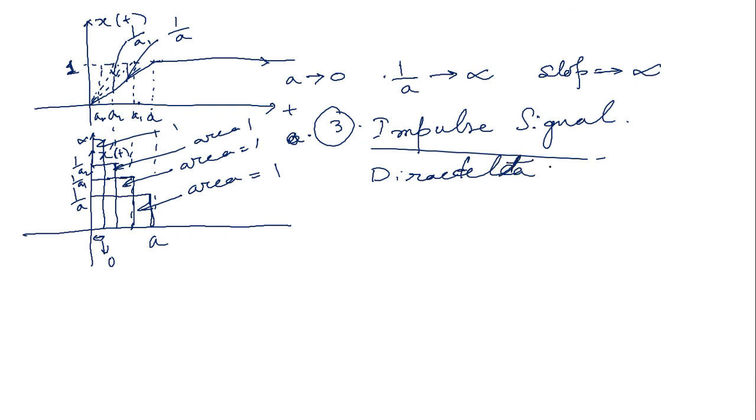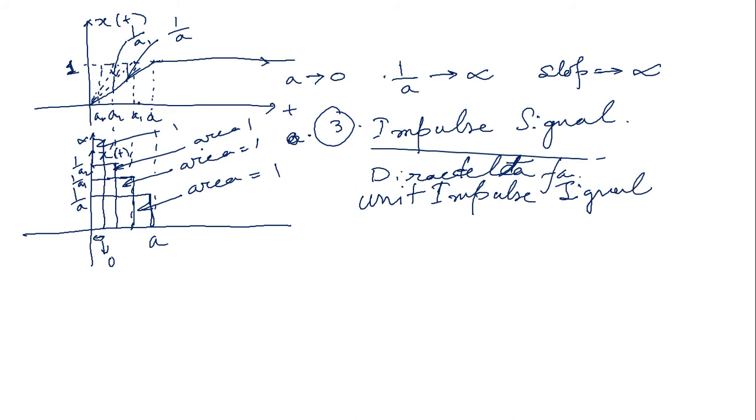If the area is 1, then it is the unit impulse signal.